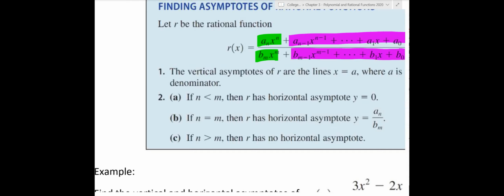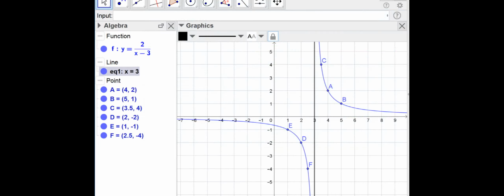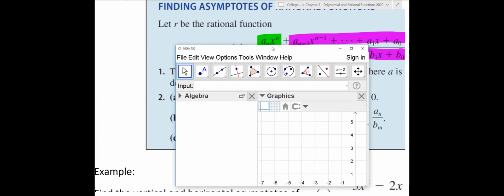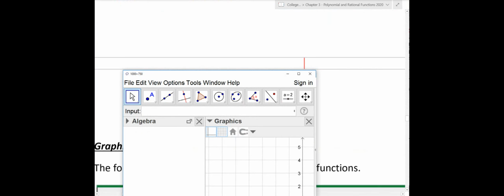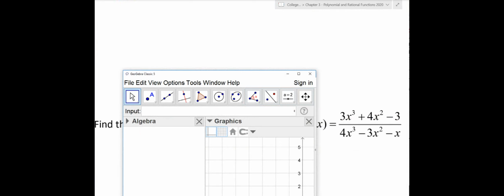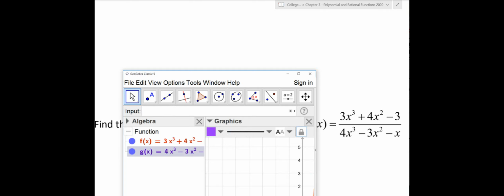Okay, so if we take the functions that we just messed around with, 3x cubed plus 4x squared minus 3, and 4x cubed minus 3x squared minus x, and we divide them, f divided by g.